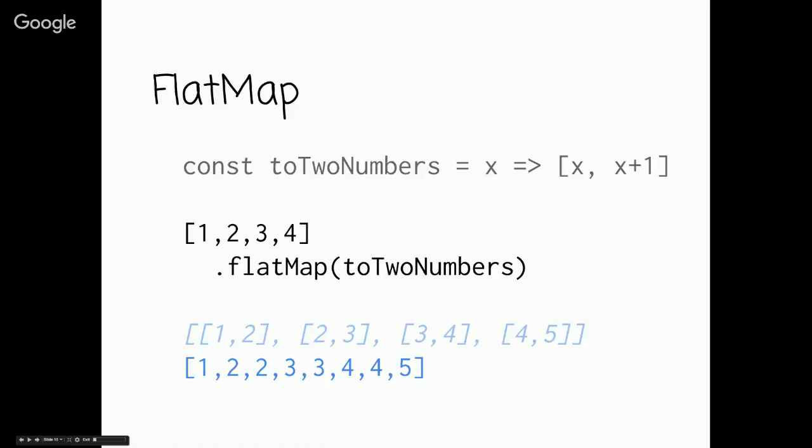So if you calculate that out, we here have an array of an array 1 and 2, 2 and 3, 3 and 4, 4 and 5, and then it flattens that out to a larger array like this. So this is a really important pattern in RX, well, in LINQ initially.